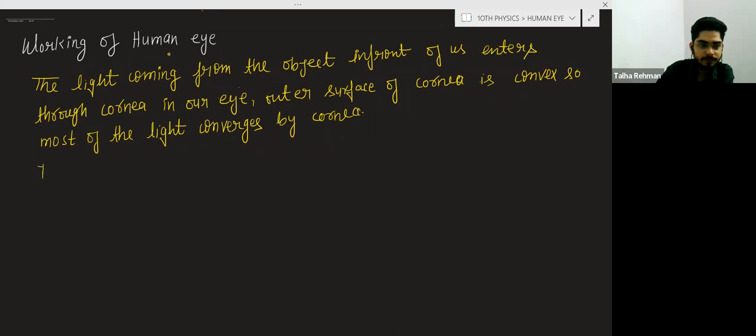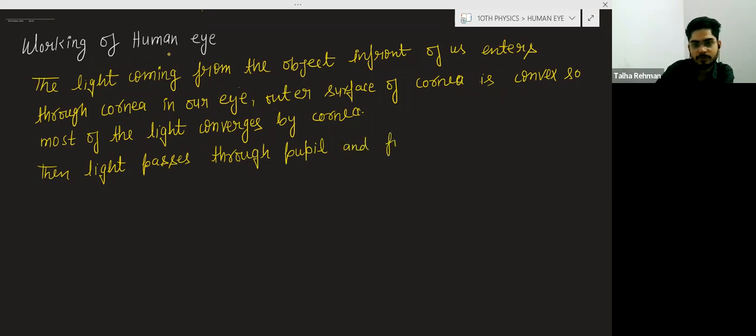Then light passes through the pupil and falls on the eye lens.